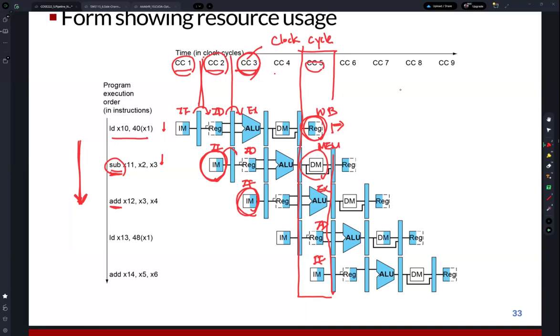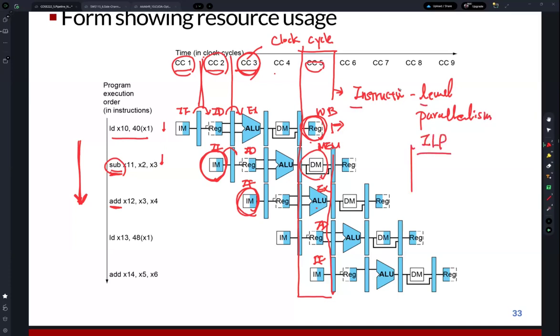So we can say that with the pipelining architecture, multiple instructions are being executed in parallel. And this is called instruction level parallelism, the ILP.